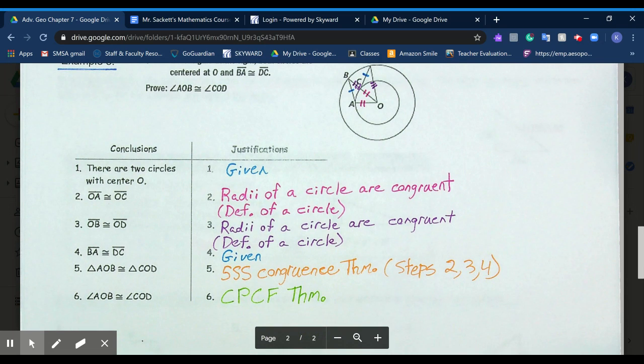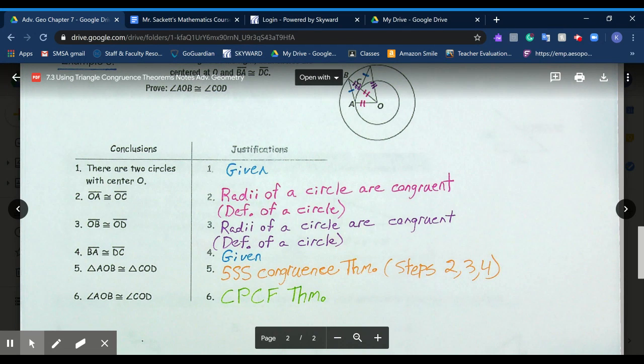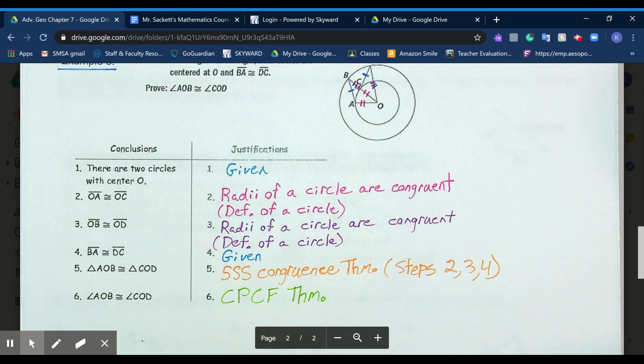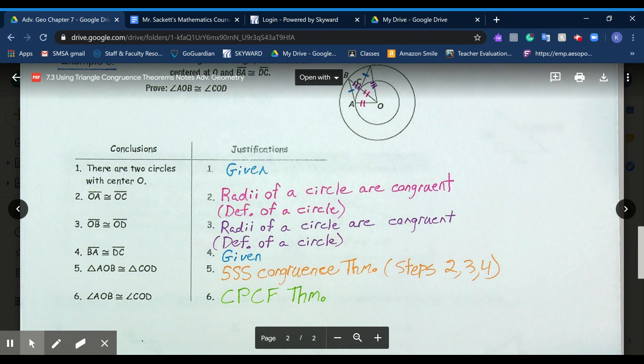Then one of the more important theorems that we'll be using, especially in these final steps, once we've proven congruent shapes, so triangles in this case, is the corresponding parts of congruent figures theorem, to state any corresponding parts in those shapes are congruent. In this case, those parts are angle AOB being congruent to angle COD.